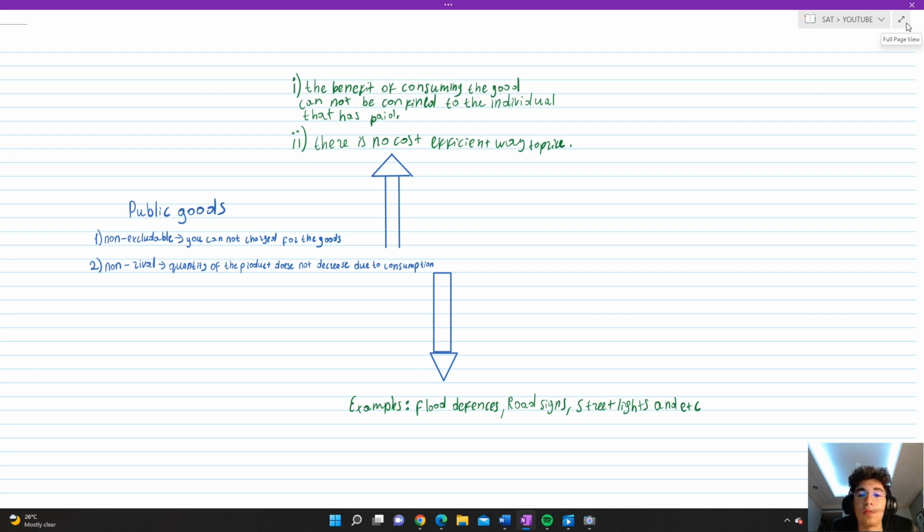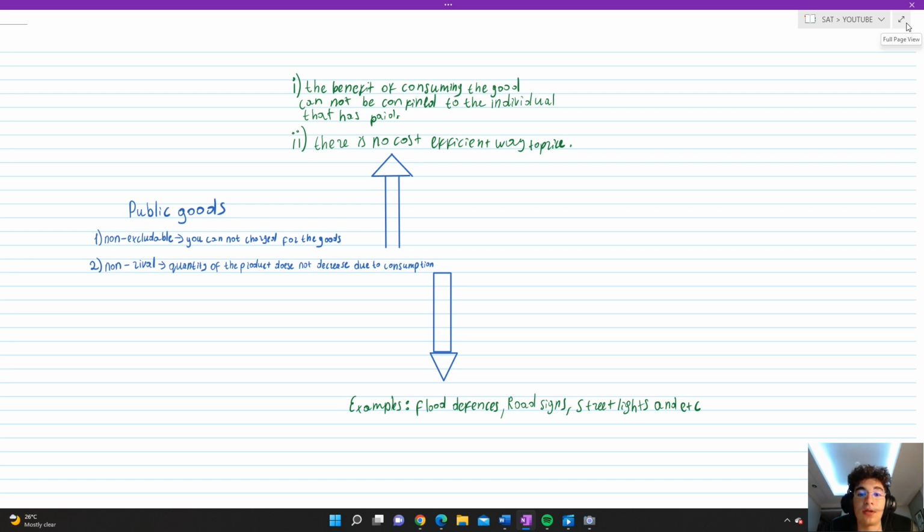They would not allow other people to access it and then have booths, so people have to pay to enter a beach, but that's not cost efficient at all. It's a very expensive thing to do for a private producer. And also beaches are non-rival, where the quantity of the beach does not diminish upon consumption. Beaches are massive, right? So just because one person enters the beach, it doesn't reduce the available space to others.